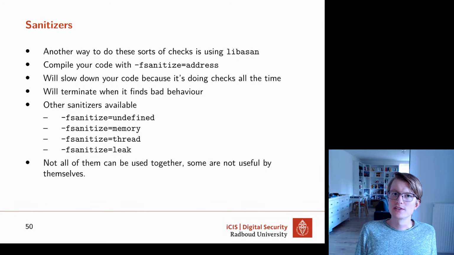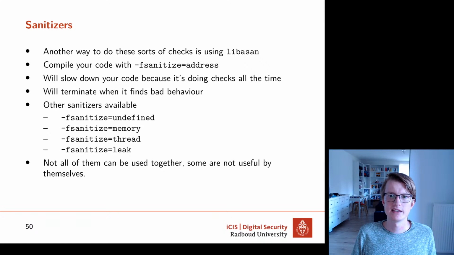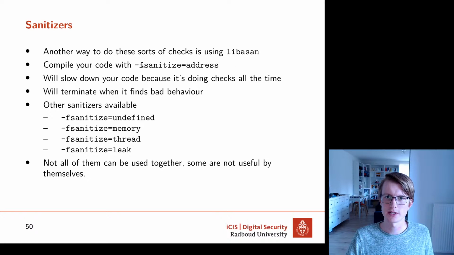An even more recent feature of certain compilers is that they allow you to link in a special library called libasan, for address sanitizer. I think Google partially helps with the developing of that project. And you can use this special compiler flag to also add in the types of checks that Valgrind is doing.